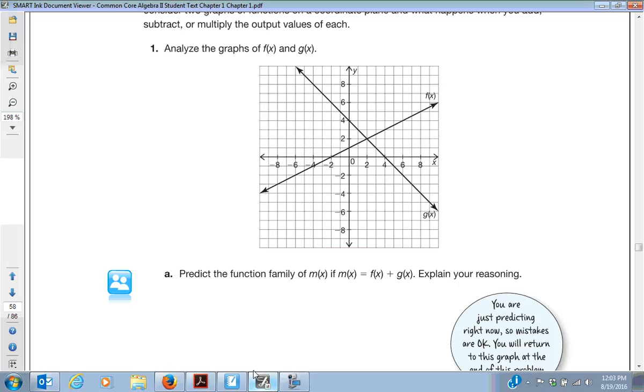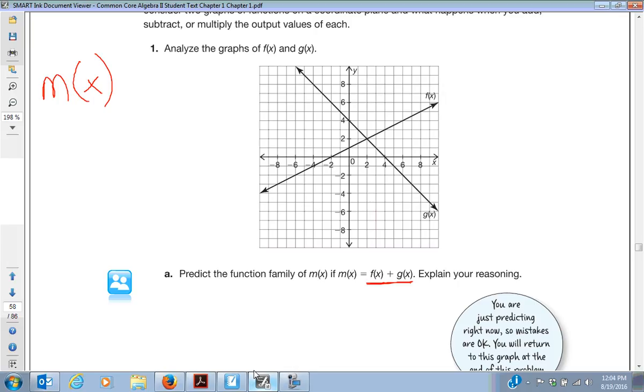They're not giving you the function. They're just giving you the graph. And I want you to give me the new graph, which is going to be m of x. That's what they're going to say. I want you to make m of x by adding f of x and g of x together. Are you with me?